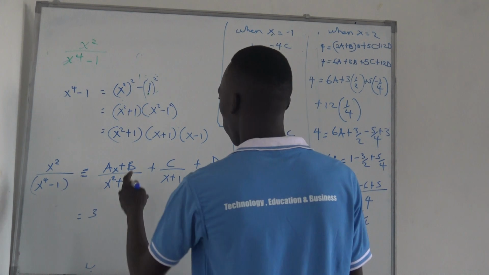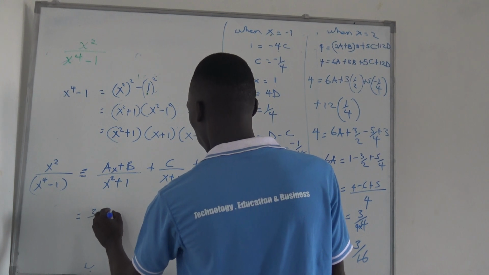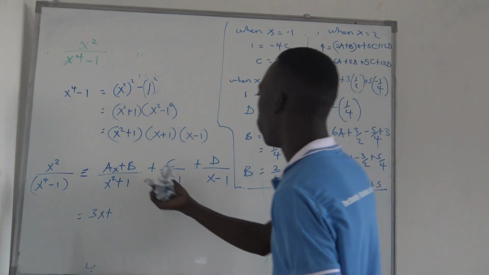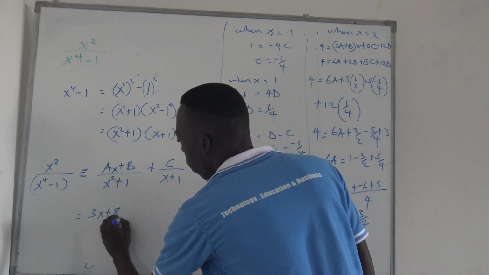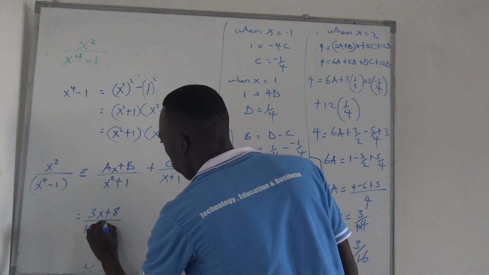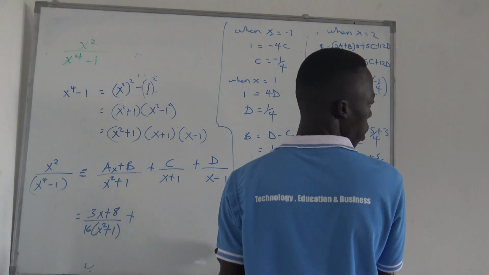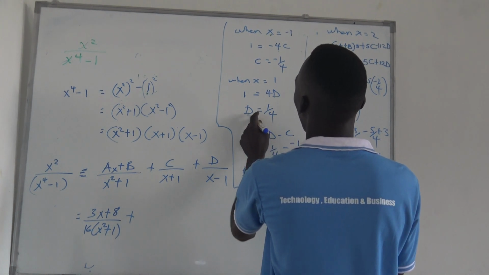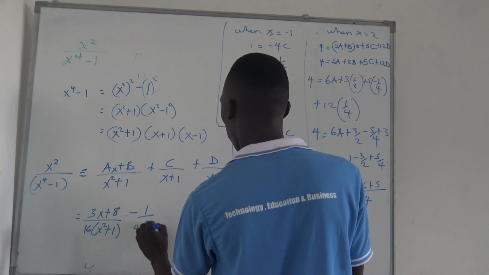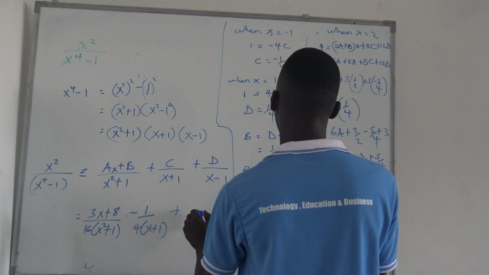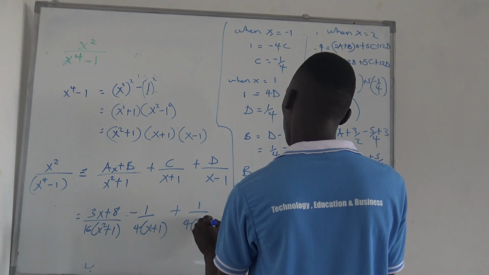For this case, the b is a half, so b will also change from 16 to 8 out of 16 into x squared plus 1, then plus the value of c, which is negative 1 out of 4 into x plus 1, then plus the value of d, which is 1 out of 4 into x minus 1.